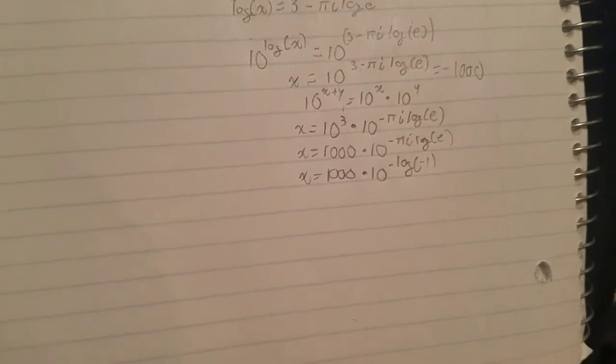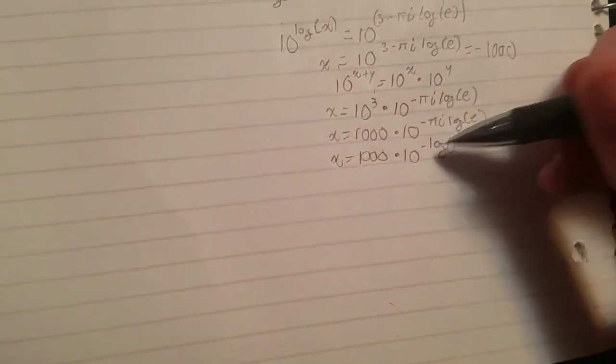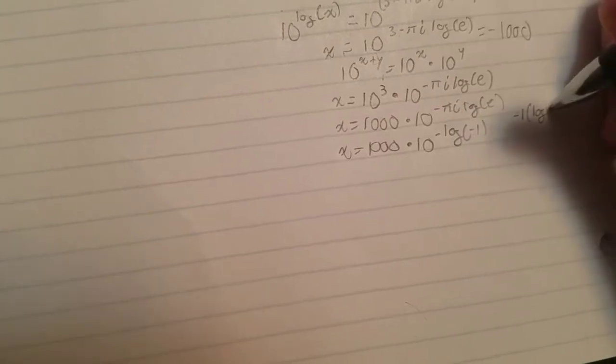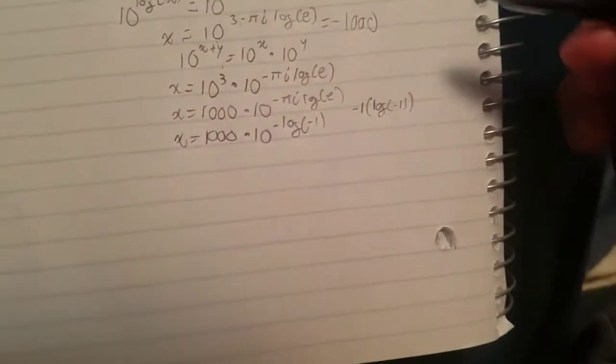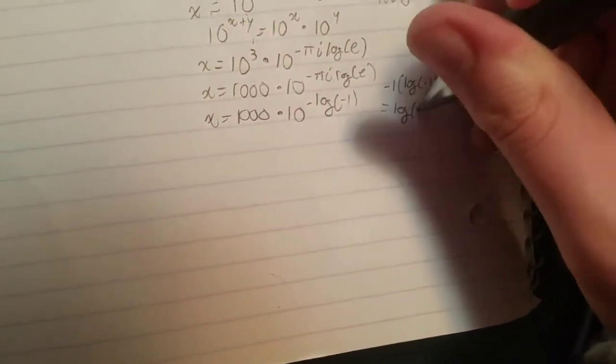So this becomes all of a sudden a very approachable problem. This negative might concern you, but here, negative 1 times log of negative 1 is equal to log of negative 1 to the negative first power.